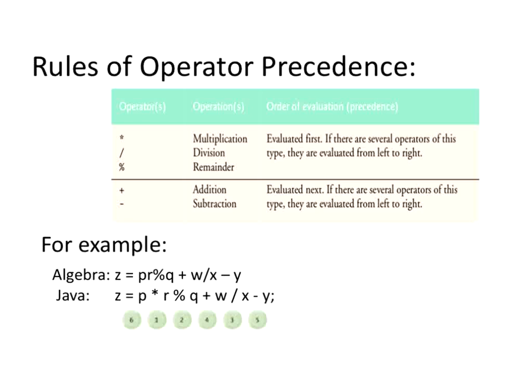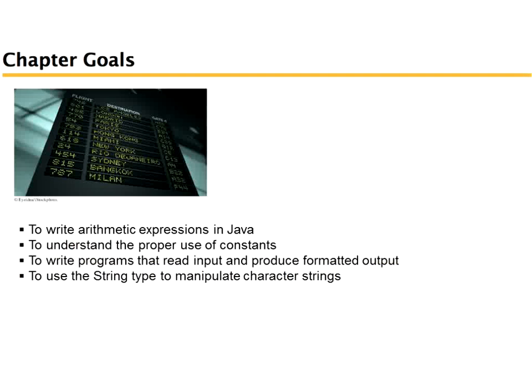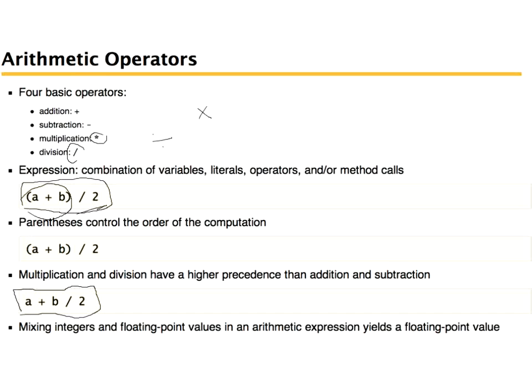Okay. Now, if you remember the first question I asked you in the beginning of the lecture? I said to you, what will happen if we do not have brackets? The sentence was like this. Now, obviously, by the way, A plus B divided by 2 does not equal A plus B divided by 2.